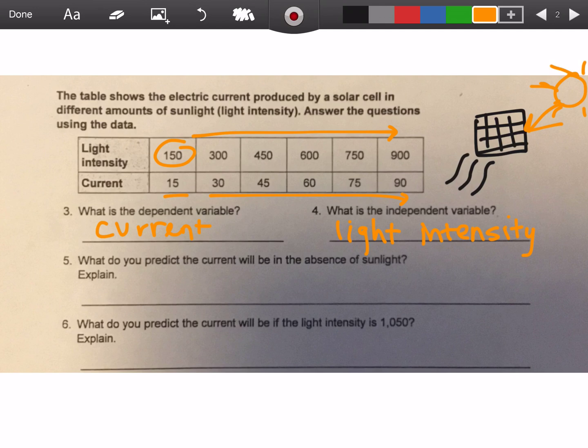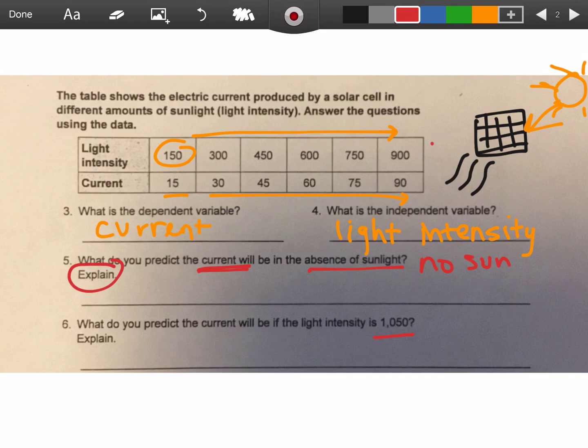All right, number 5, what do you predict the current will be in the absence of sunlight? So think about if there is no sun, what will the current be? And make sure you explain your answer. All right, and lastly, predict what the current will be if the light intensity is 1050.